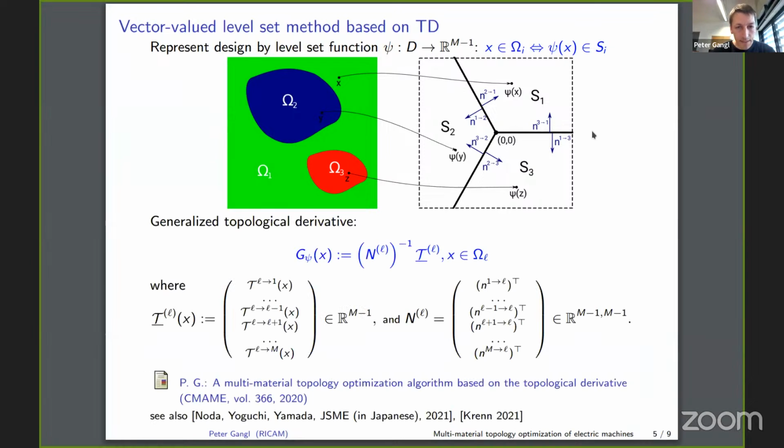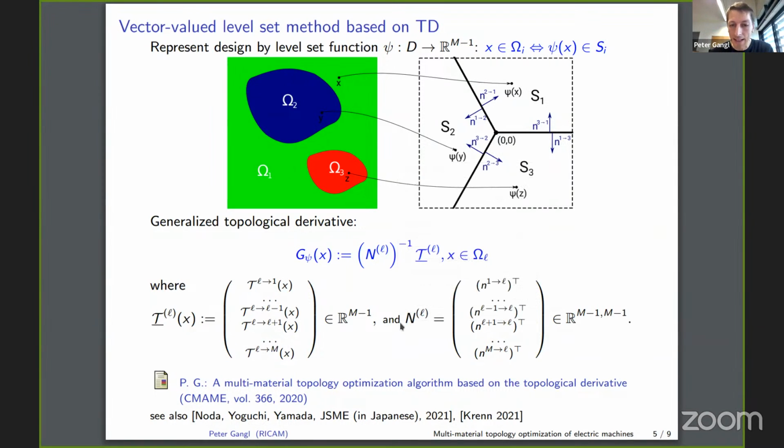Okay, we can define in a similar way a generalized topological derivative. I will not go into detail. It will just involve all different kinds of topological derivative between any 2 materials, and it will involve the normal vectors of these rays or of these hyperplanes defining my sectors.